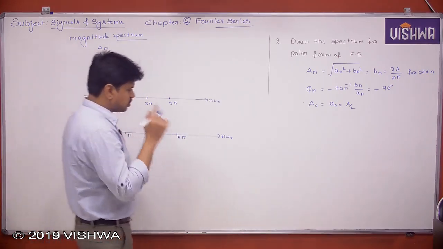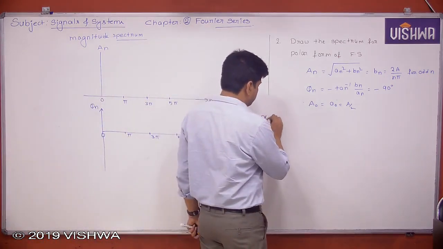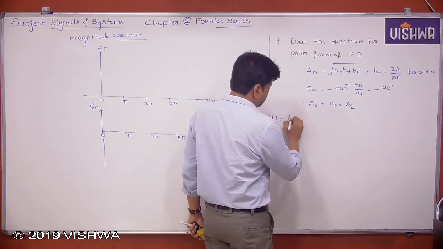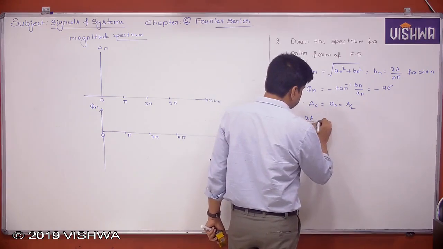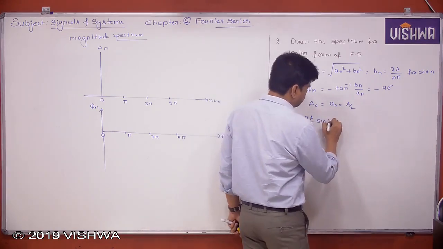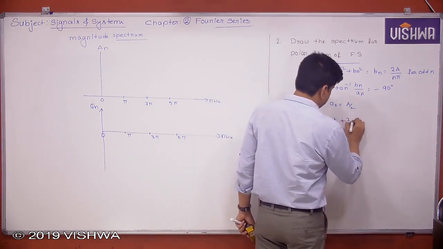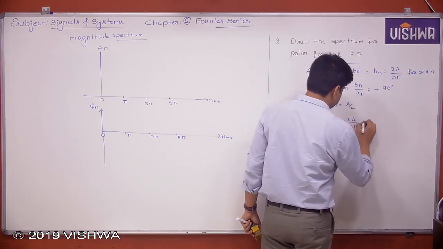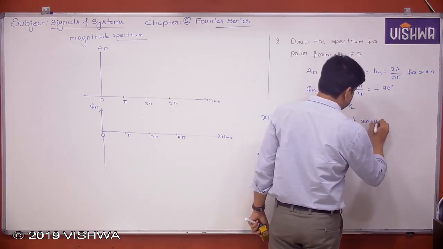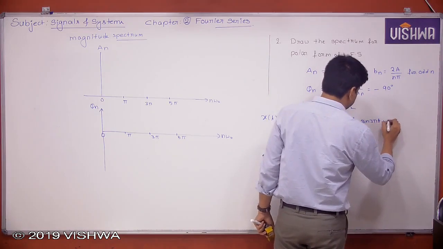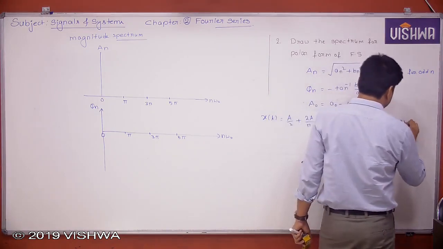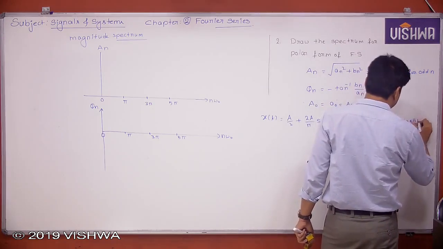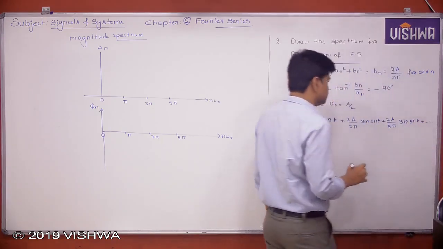Okay, so I am just writing that expression what we have written: a by 2 plus 2a by pi sine pi t, plus 2a by 3 pi sine 3 pi t plus 2a by 5 pi sine 5 pi t plus and so on.